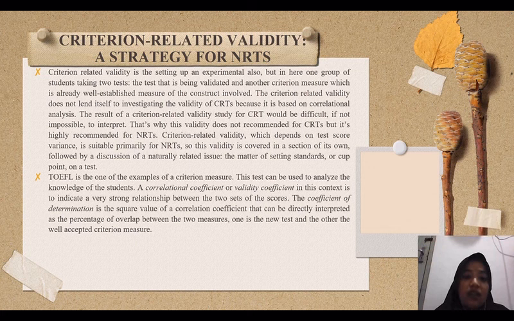Criterion-related validity does not lend itself to investigating the validity of CRTs because it is based on correlational analysis. The result of a criterion-related validity study for a CRT would be difficult, if not impossible, to interpret. That's why this validity is not recommended for CRTs, but it is highly recommended for NRTs.